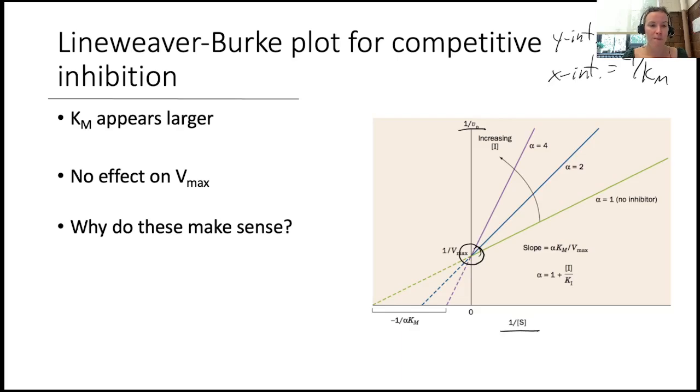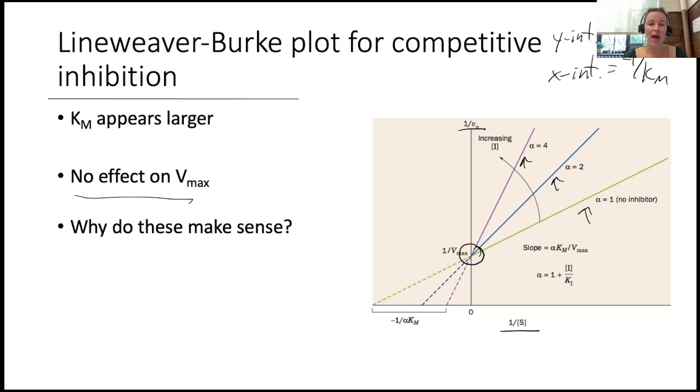So you see that a competitive inhibitor has no effect on the Vmax of an enzyme as we go from line 1 that has no inhibitor to line 2 that has a little bit of inhibitor and line 3 that has a little bit more inhibitor.